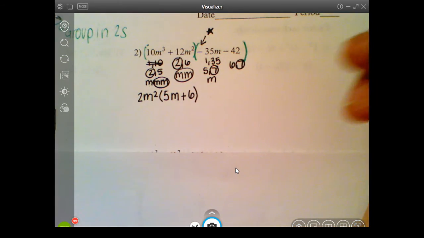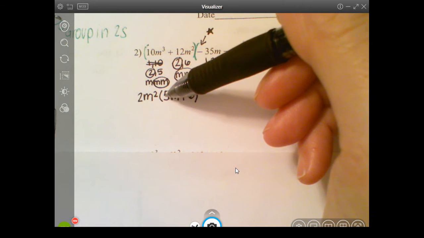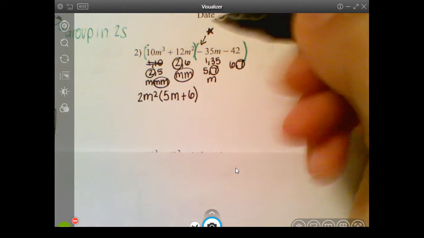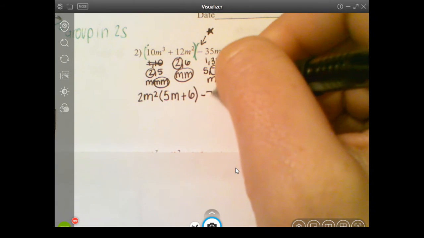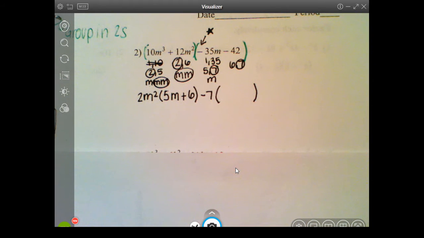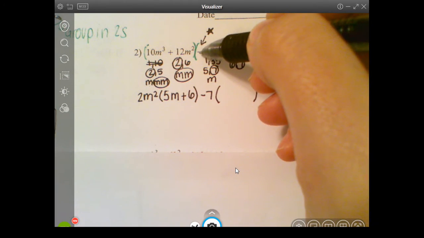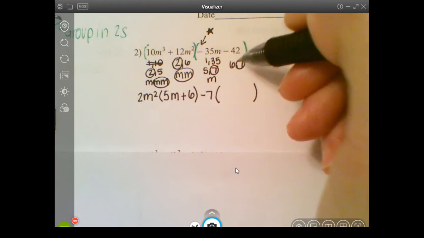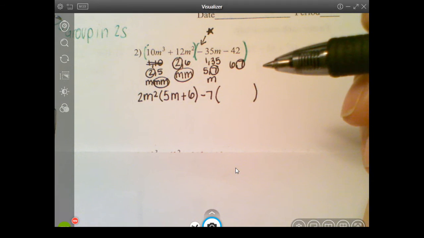So that's it. Now, because this is a negative, you want the beginning of your inside parentheses to be positive. So that means you need to take out the negative 7. So that's going to be the only difference here between number 1. So again, because this is negative in the front, you want to put the negative on the outside with whatever the greatest common factor is.